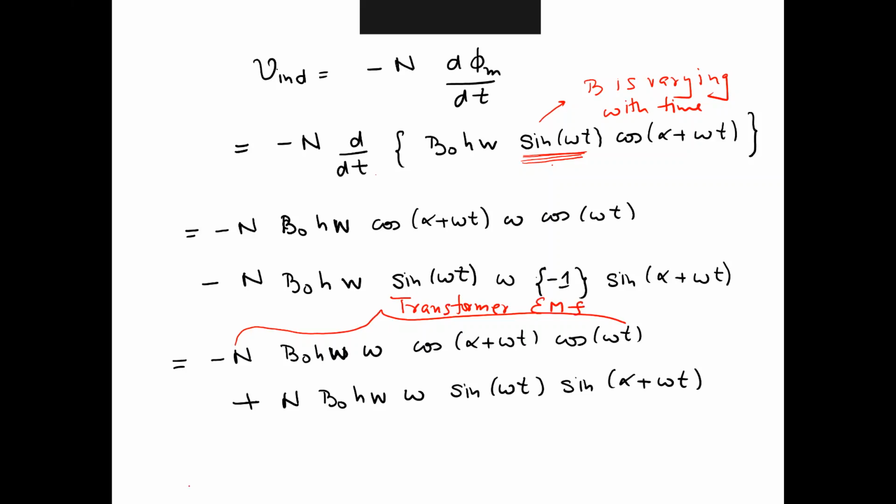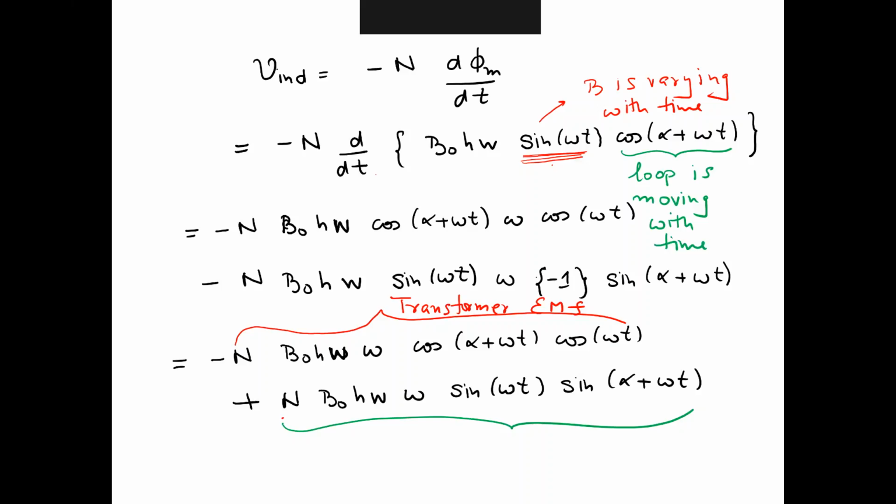And the second term which I get is because alpha plus omega t is changing with time, because my loop is moving with time. That's the motional EMF.